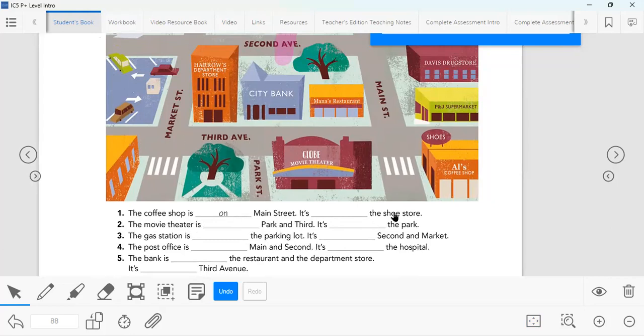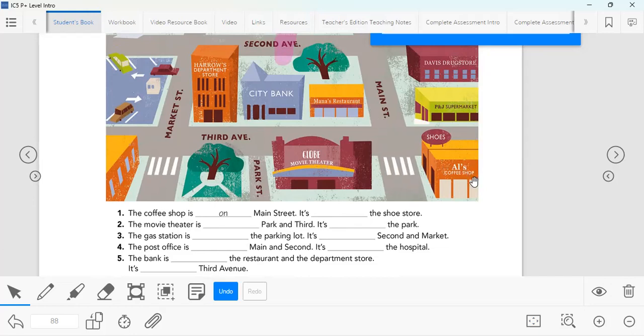But if I say another place, here I'm taking the reference of another place, not the street. So I need to change the preposition. The coffee shop is on Main Street.